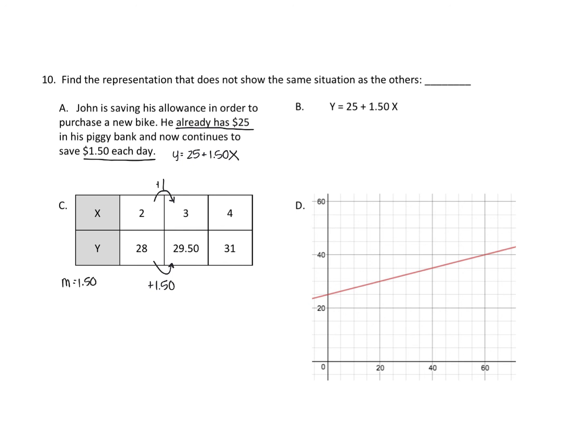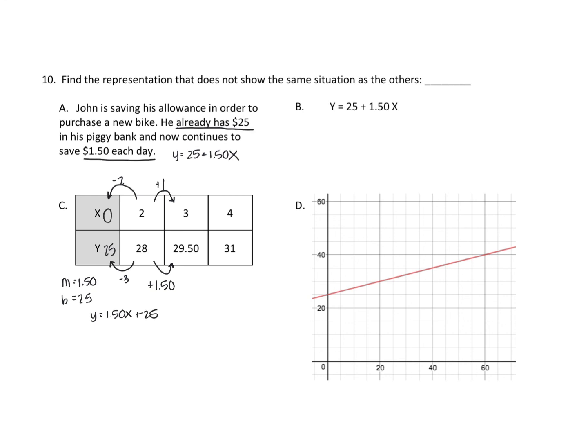We would have to work backwards to get our y value when x is 0. So to do that, I would have to do -2, which means I would need to do -3 on the y row, which gets us 25. So again, we see that equation of y equals 1.50 times x plus 25.